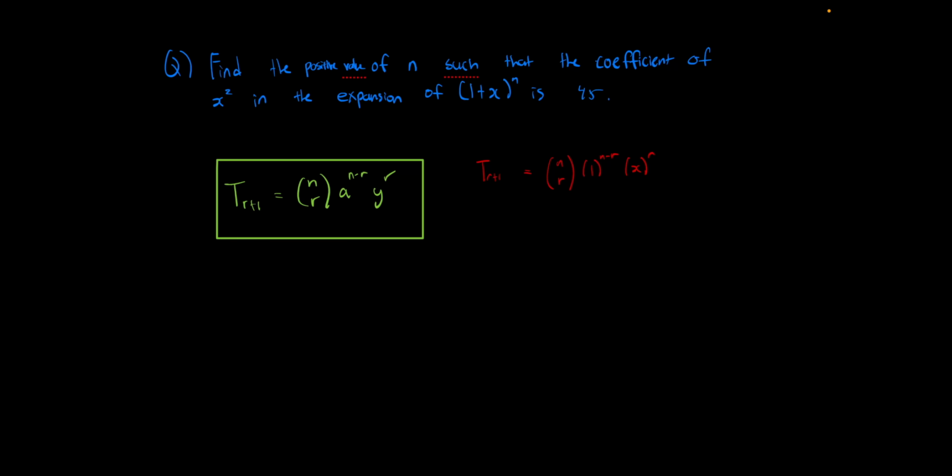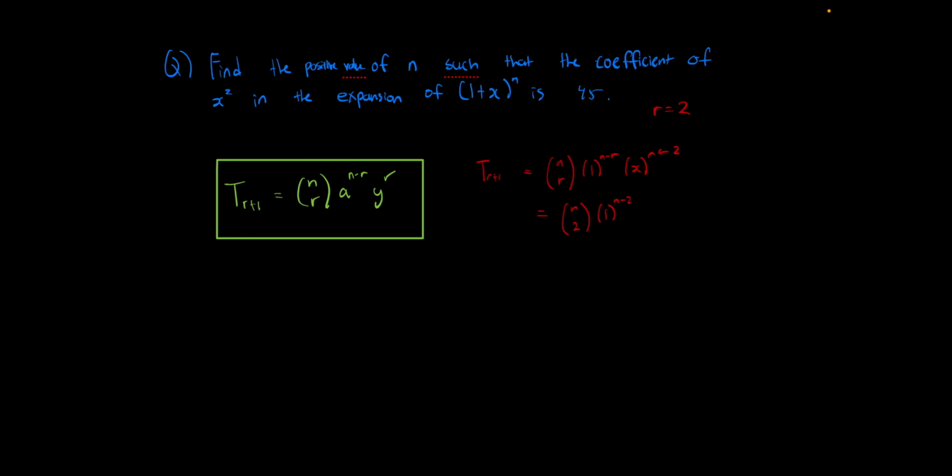And right here, it should be pretty obvious that r has to equal 2, because we are trying to find the coefficient in front of x squared, so this must be 2. So we can say r is equal to 2. And we can also recognize here that 1 to any exponent is always just going to be 1.